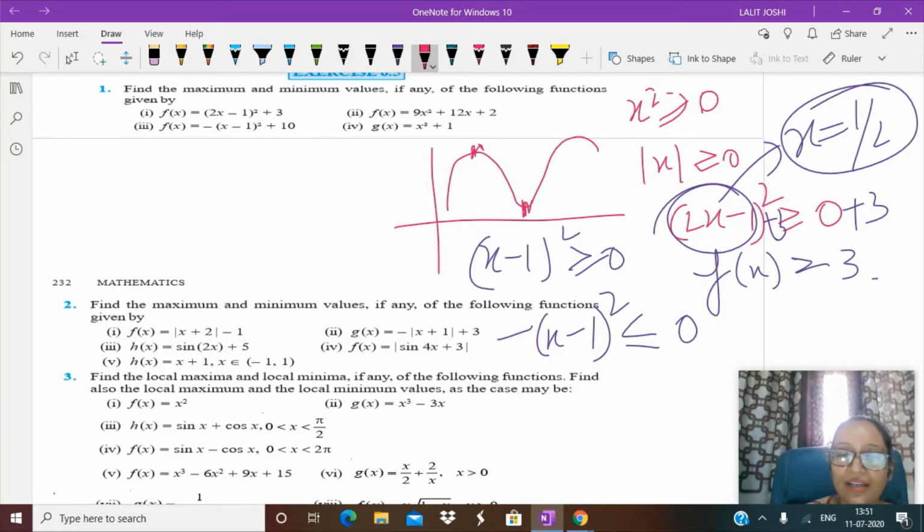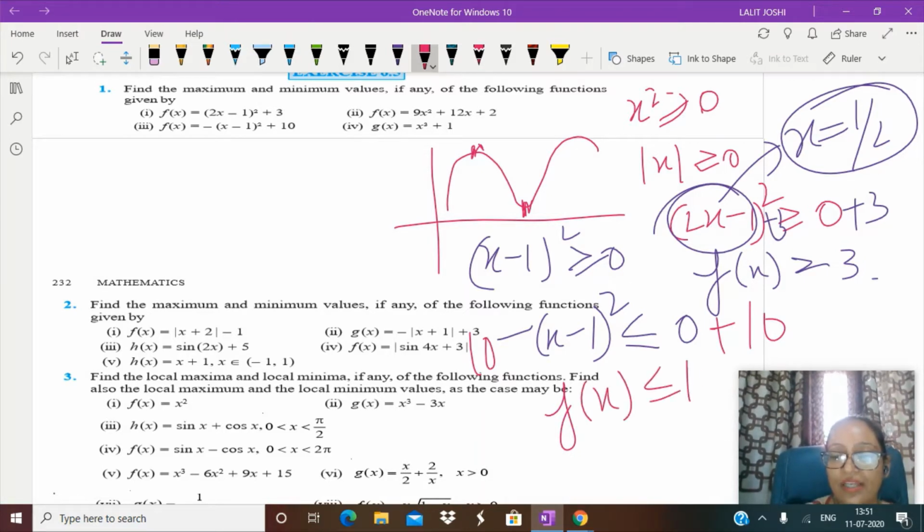So if I add 10 on both the sides, this will be my function f(x), and this is less than or equal to 10. So what does it mean? 10 is the maximum value, and at what point will 10 be the maximum value? When this whole square will be 0. So when will this be 0? When x is equal to 1, right? So this is how I can find the maximum value.